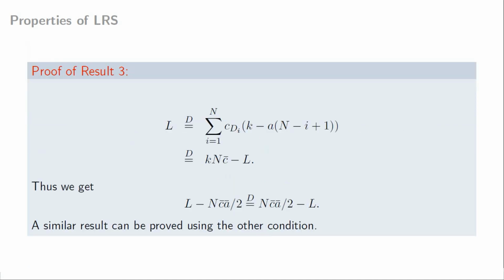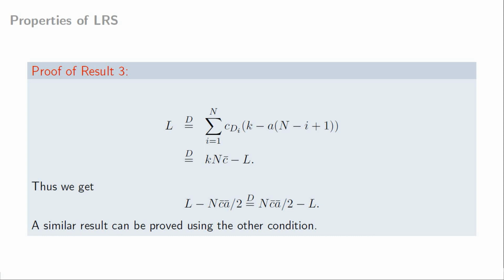Now, we have already assumed that Ai is nothing but k minus A(n minus i plus 1), and using this we get that L has the same distribution as the summation C(di) multiplied by k minus Ai. And after just simple algebra, since summation over i from 1 to n C(di) is nothing but the summation over i from 1 to n Ci, we get that L and k n C bar minus L have the same distribution.